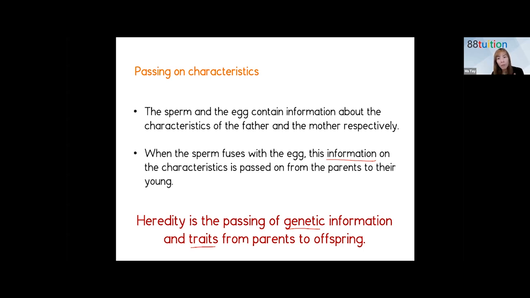Example, some form of diseases. For example, maybe there's some blood disease in the family and it's being passed down from the grandparents to parents, then parents pass it down to the children. You get what I mean? So these things are also being passed down. Yeah, correct. Cancer can be passed down.